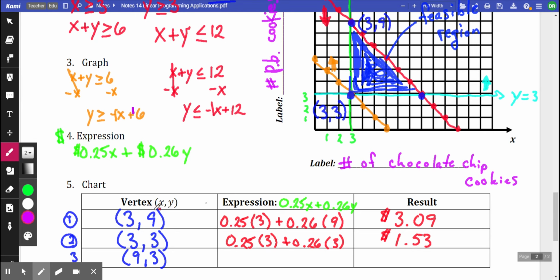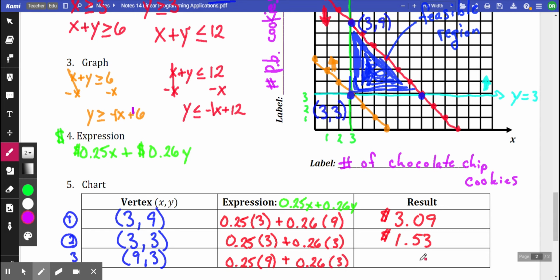But you might notice that the last combo pack also has 12 cookies, just like the first one did. So which combination of 12 cookies creates the most profit? We will find that out as soon as we put our values into the expression. We have 25 cents times 9 this time, plus 26 cents times 3.